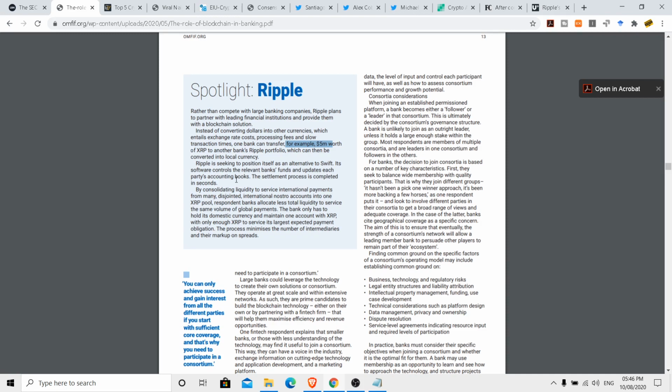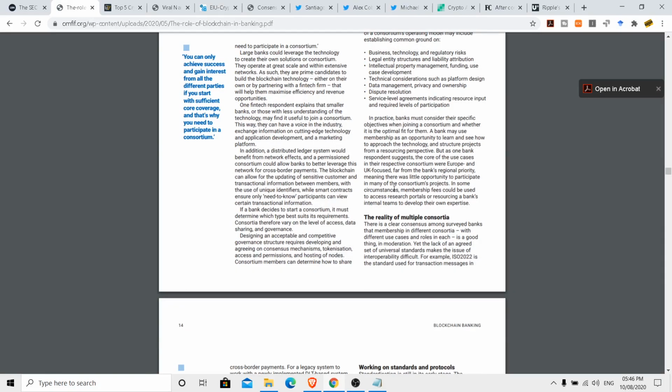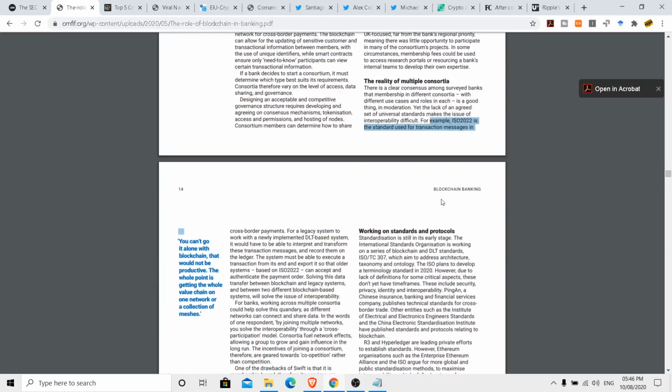Now if you look at the dollar swap market, you'll understand we are looking at an even bigger thing. Now the reality of multiple consortia, we are seeing multiple consortia, right? And what are they looking at? The example shown here is about the standardization for what? Interoperability. ISO 20022 is the standard used for transactions in cross-border payments.